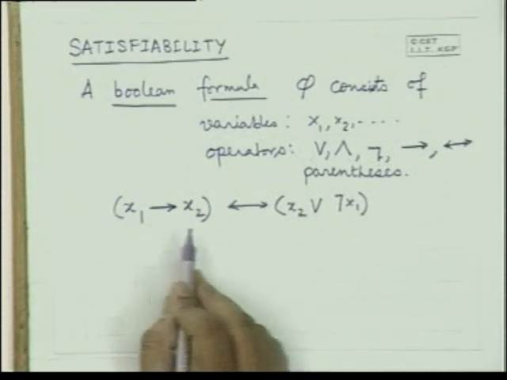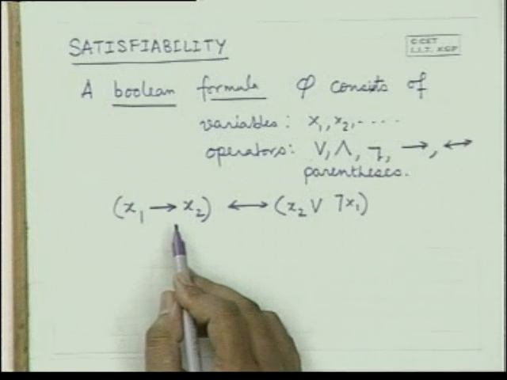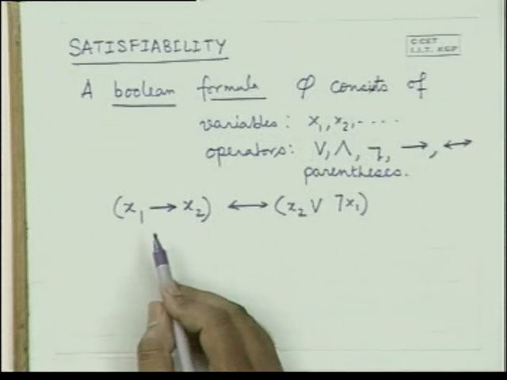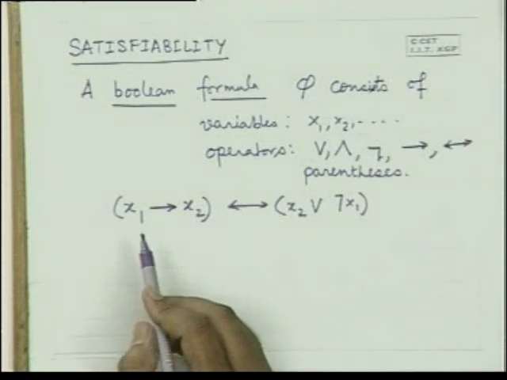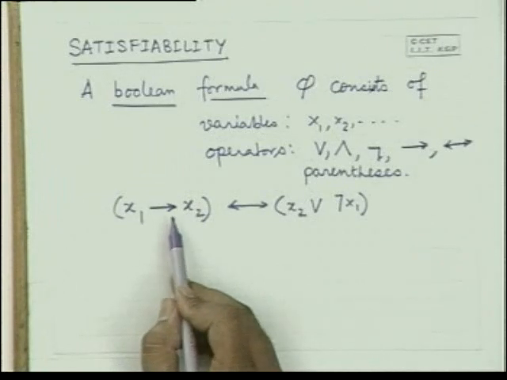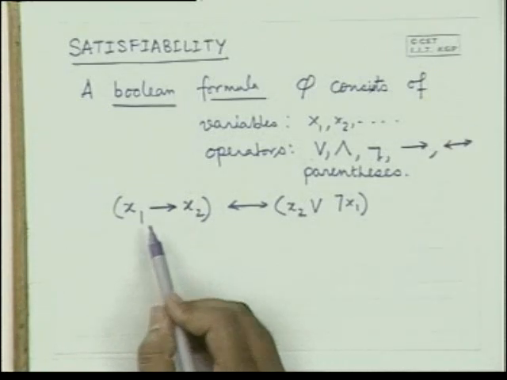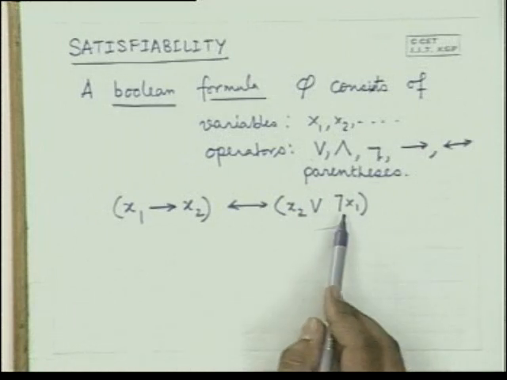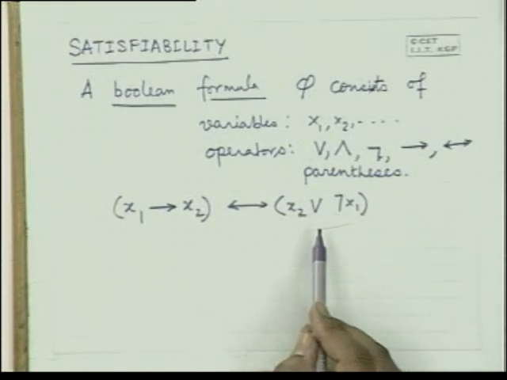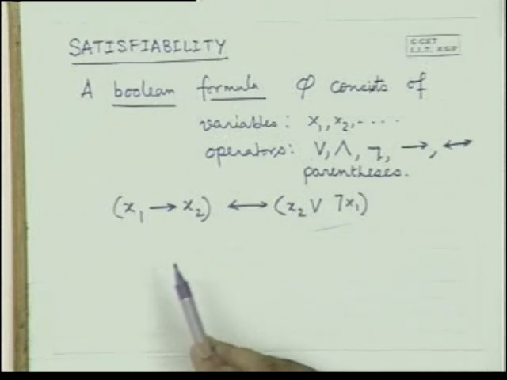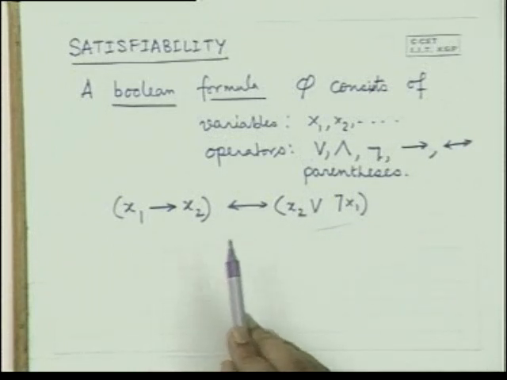Now these variables x1, x2 can take values 0 or 1, or true or false basically. For some assignment of x1, x2, like 0 or 1, either this formula will evaluate to true or it will evaluate to false. For a particular assignment, it will have one value. For another assignment, it may have another value.